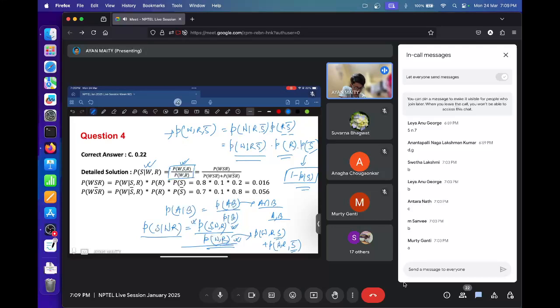Now we apply the conditional probability definition: probability of W given SR times probability of SR, and S and R are independent of each other, so we can write it as probability of S into probability of R. The other term, probability of W S complement R, is computed similarly.